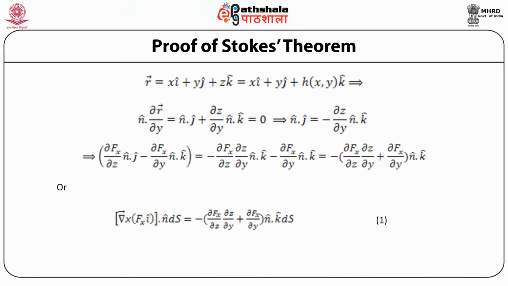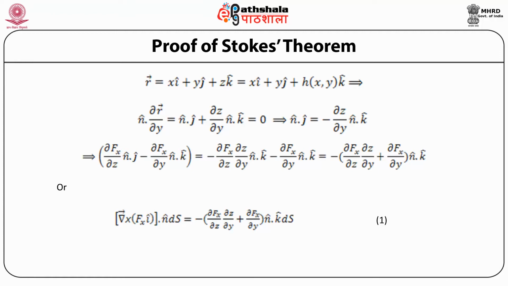R equals x i cap plus y j cap plus z k cap, which equals x i cap plus y j cap plus h(x,y) k cap, which implies that n cap dot ∂r/∂y equals n cap dot j cap plus ∂z/∂y n cap dot k cap equals 0.